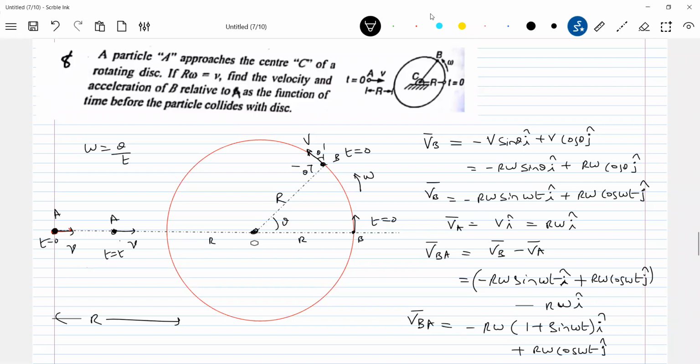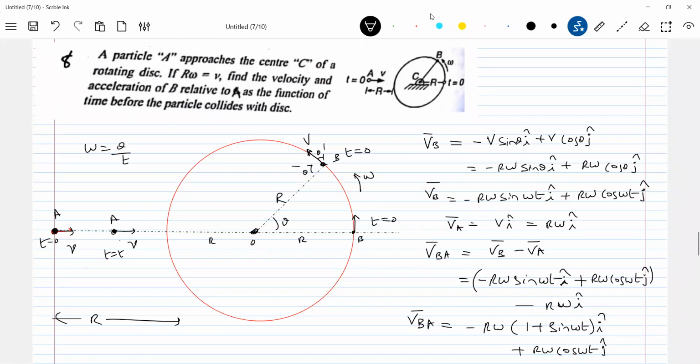Fine. So now he's asking acceleration. What to do with acceleration? Particle A, what is the acceleration of particle A? 0. What is the acceleration of B? Any acceleration is there? Centripetal acceleration. And how much is it equal to? Omega square R, and it will be directed towards O. That's all, no?